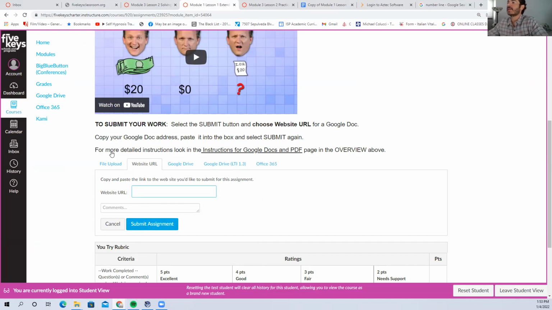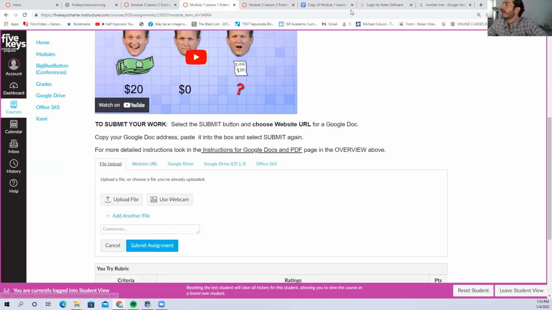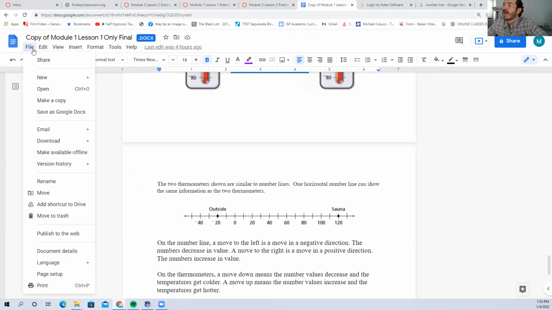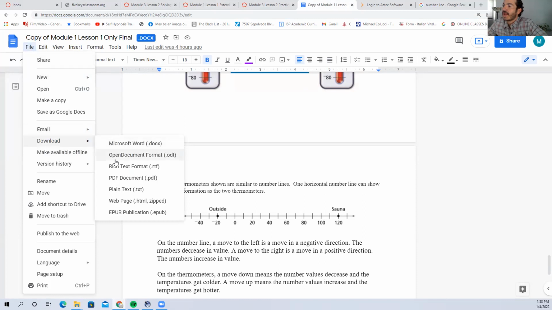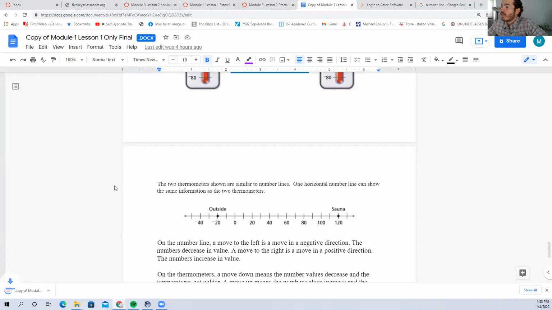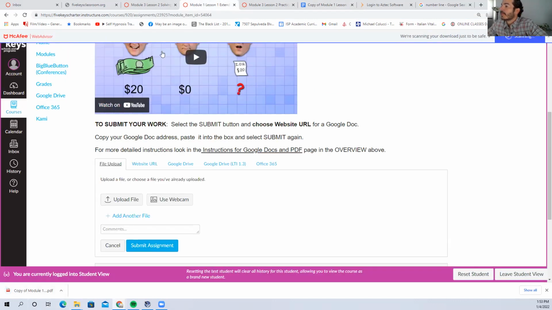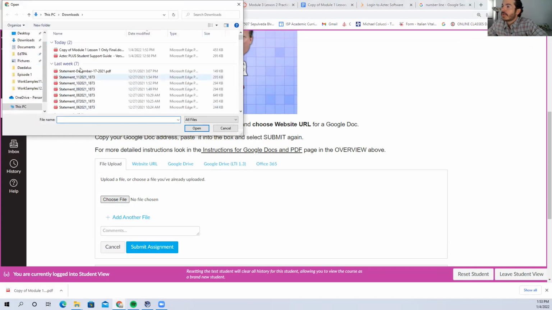If for whatever reason you don't like doing that, the other option is to hit file here, download as a PDF. Look what happens when I do that. It comes down here on my screen. I can upload file, choose, input it right there, and submit it that way too.